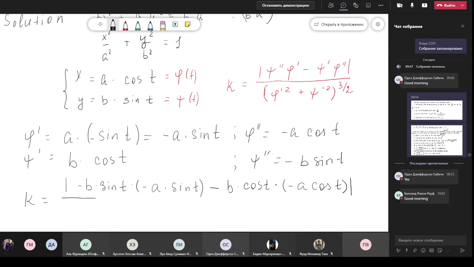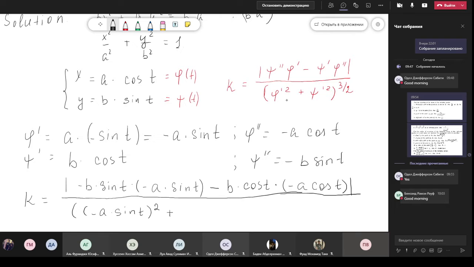Then our denominator. Phi prime squared. Phi prime is minus a times sine of t, squared.